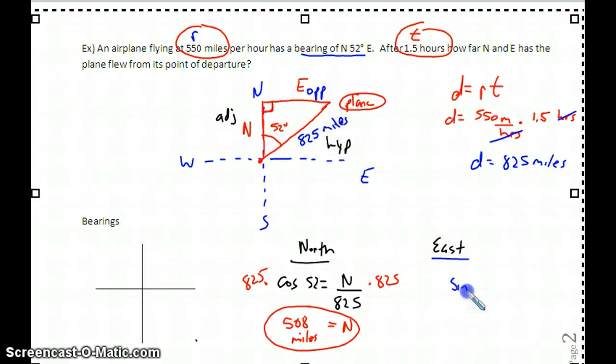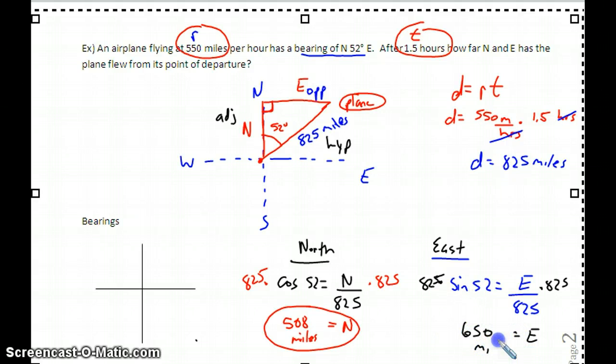Sine of my angle is equal to the opposite side, east, over the hypotenuse, 825. So again, we get rid of that 825 by multiplying it. Make sure your calculator is in degree mode. And this time we're going to get the east distance to be about 650 miles. So those would be my two answers.